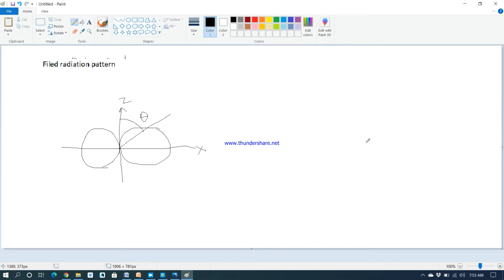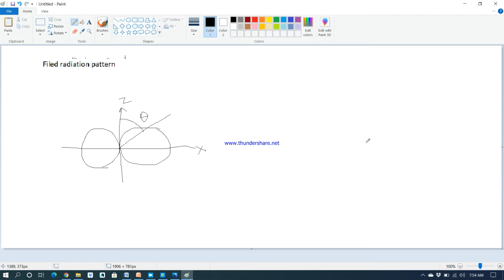Okay guys, please listen. It is a field radiation pattern. Let us look into this one. Actually, the complete field radiation pattern is a three-dimensional pattern, but we are not able to represent three-dimensional patterns on a plain paper, so we are going to represent it in 2D.